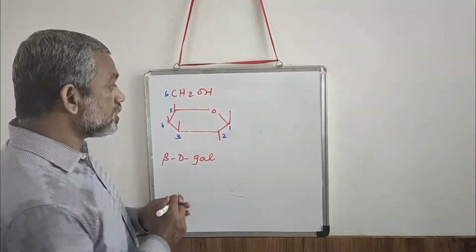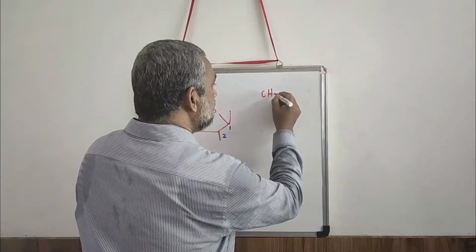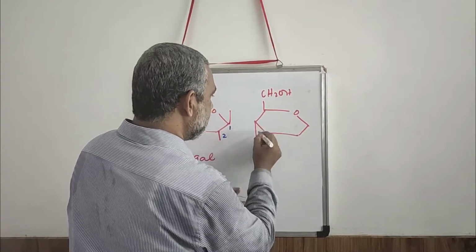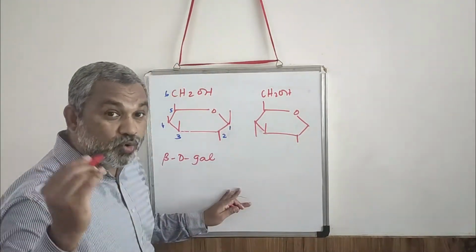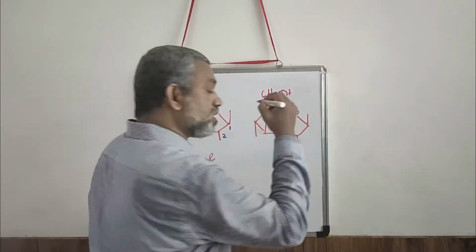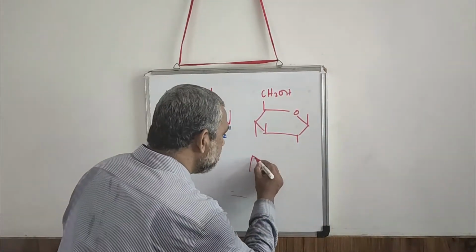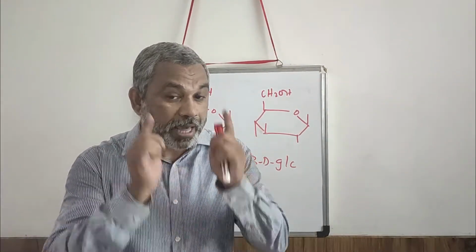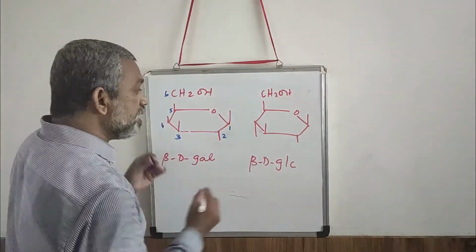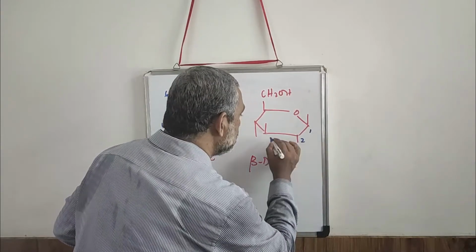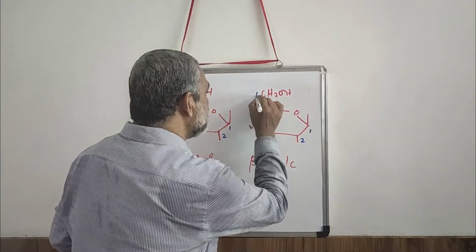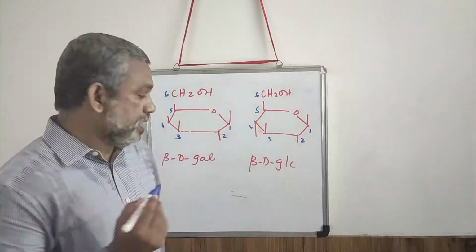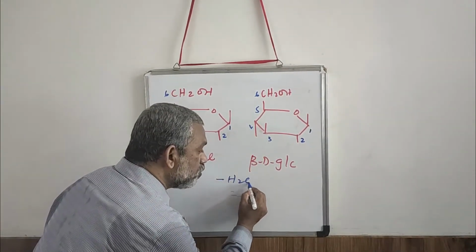Now let us also draw the structure of glucose. CH2OH. Glucose will exist in the beta conformation. So this is beta-D-glucose. Now the glycosidic bond is formed between, and this is carbon number 1, 2, 3, 4, 5 and 6, between 1 and 4 by removal of a molecule of water.